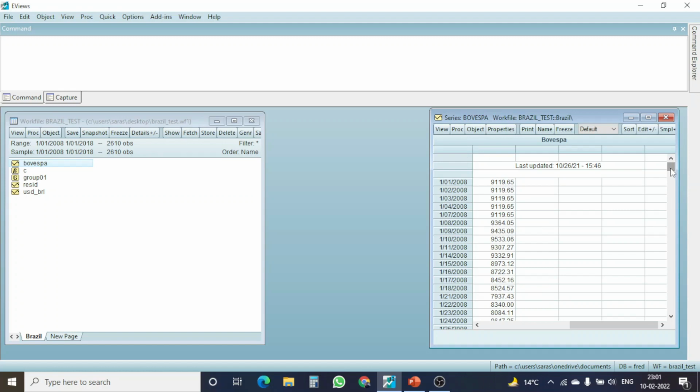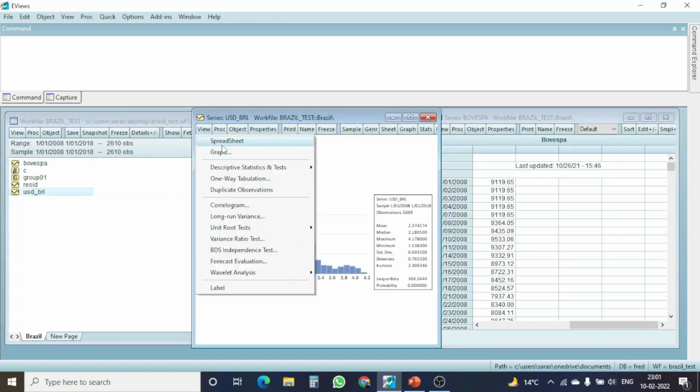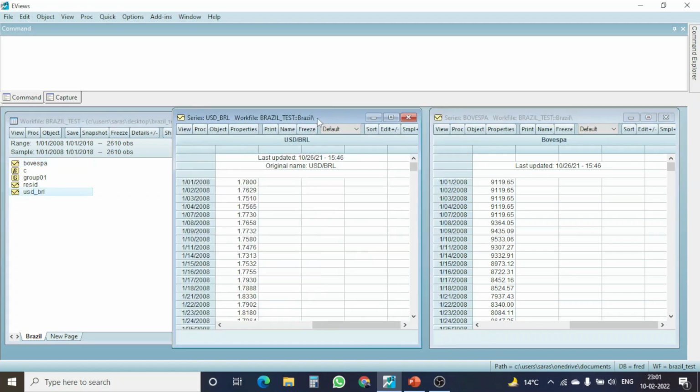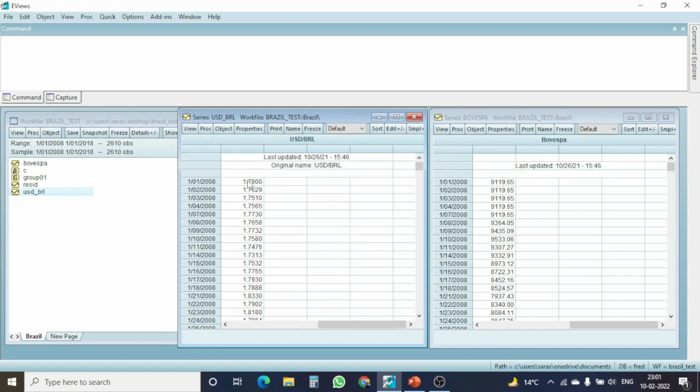So this is around 11 years of data. Then we have exchange rates of Brazil, which is also from the same timeline. Now we would like to first know how they both are having a relationship.